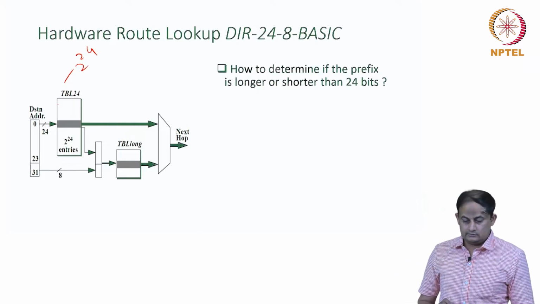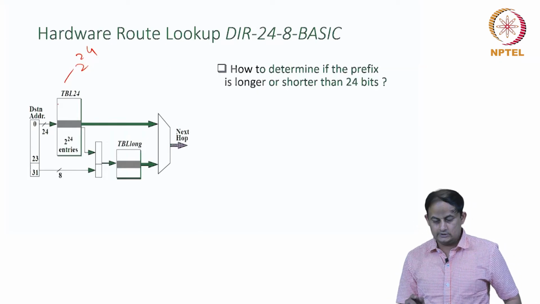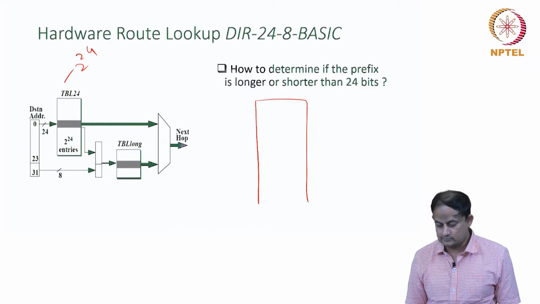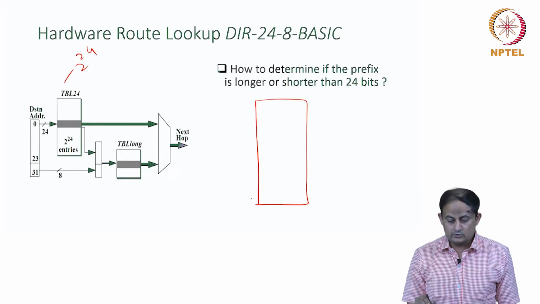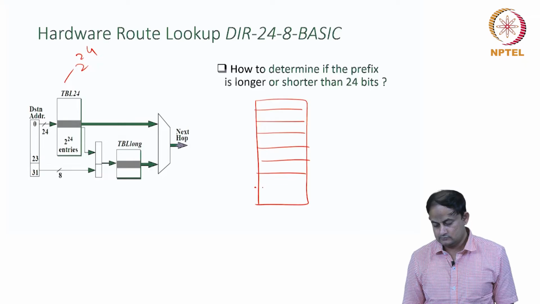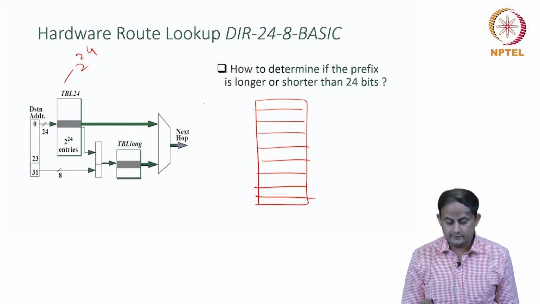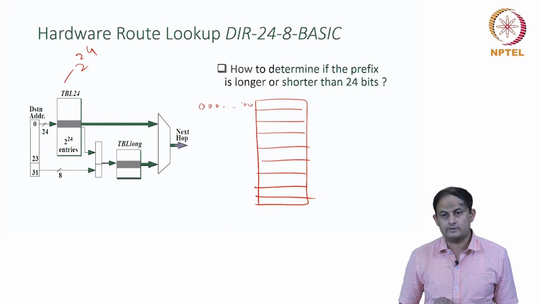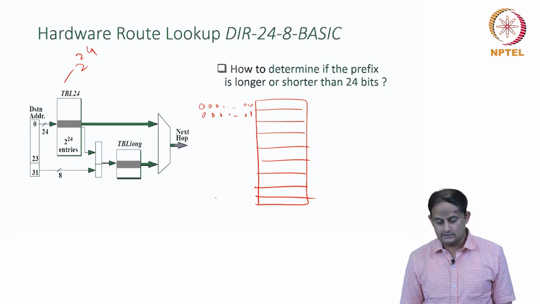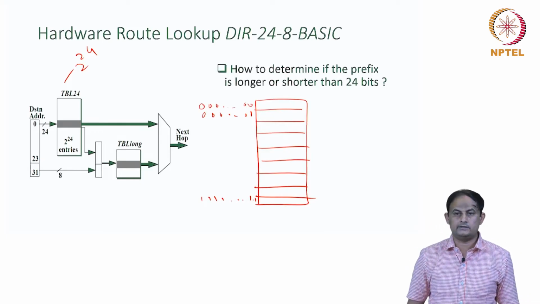So what it does is the following. The first level table would look something like this. The table itself has these slots: at the first level, all 24 zero bits is the first entry, 23 zeros and a 1 is the next entry, and all 24 bits 1 is the last entry in the table.